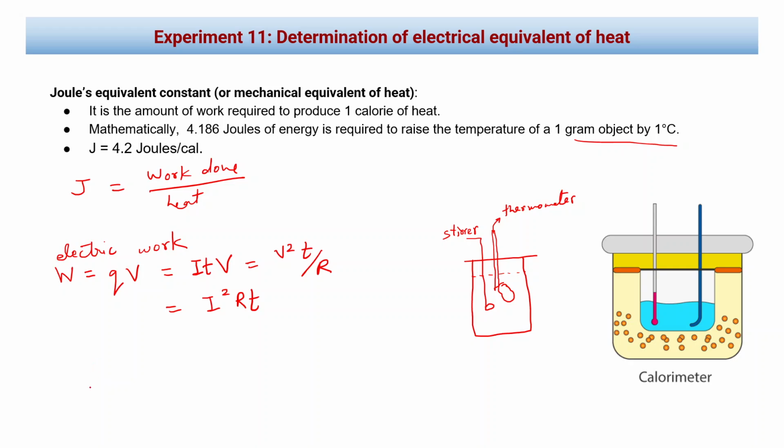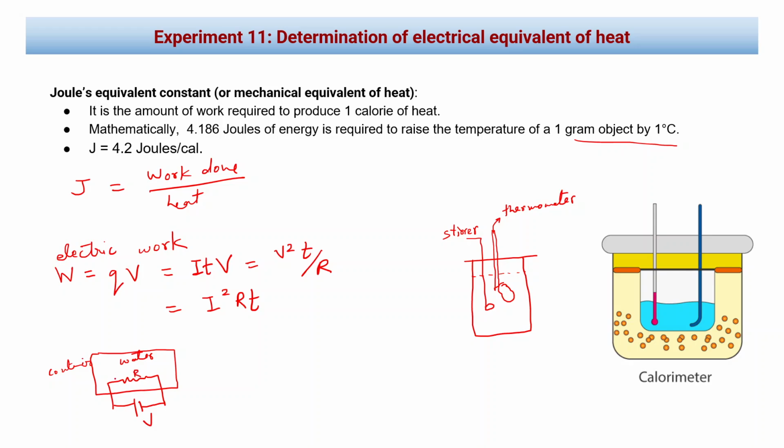In this experiment, there is a container, a water container, and it contains water, and we are supplying electric current through a resistor. This is a coil, we are applying voltage, and a current is flowing through this resistor coil.